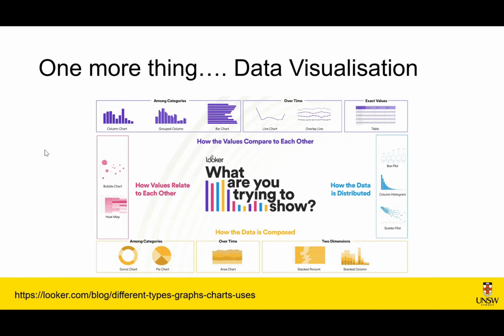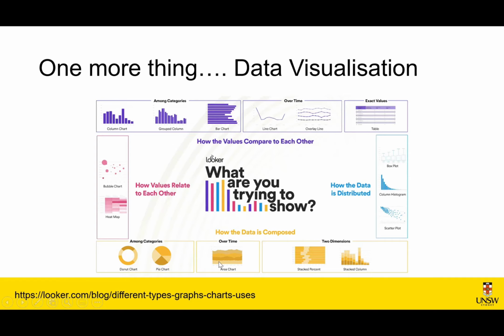But really, when you're first starting to look at how to present your data visually, you really need to think about what is the message you want your data set to convey. So for example, if you want to compare values to each other, you could use some of the options in the purple at the top. If you want to look at how the data is distributed, you could use things like box plots, column histograms, or scatter plots.